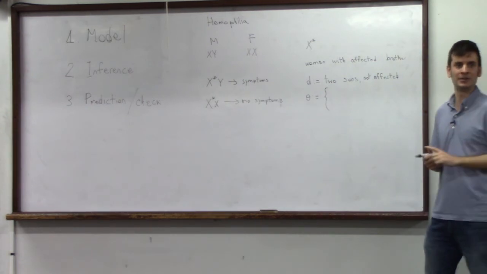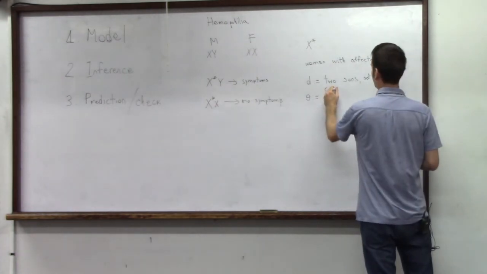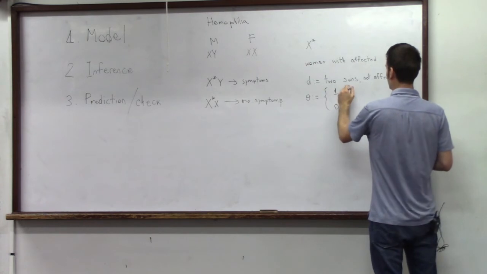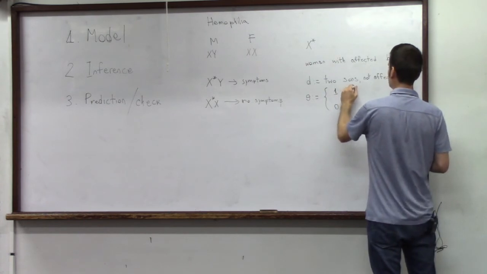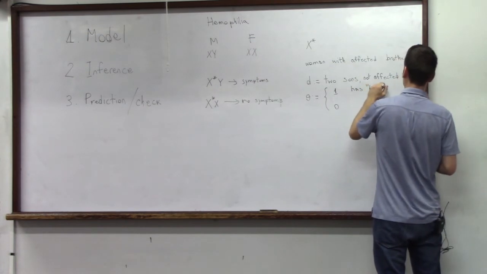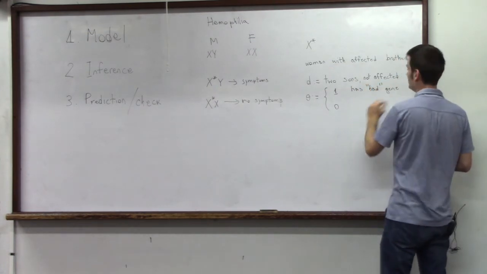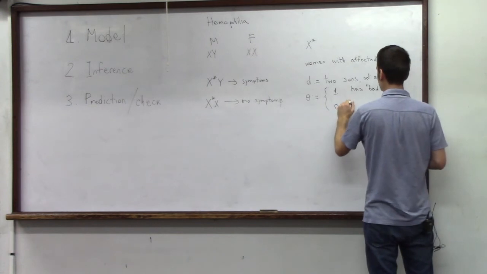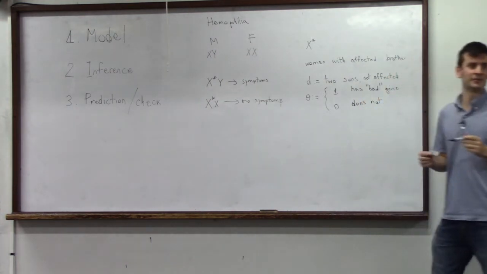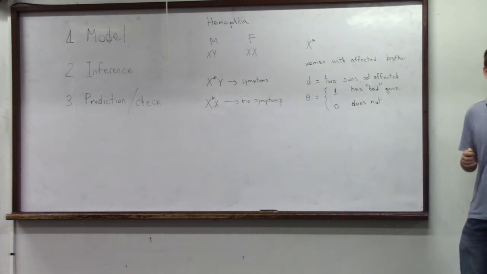So there's two possibilities. I'm going to label them as 1 and 0, which means has the bad gene, or does not. Are there any questions?